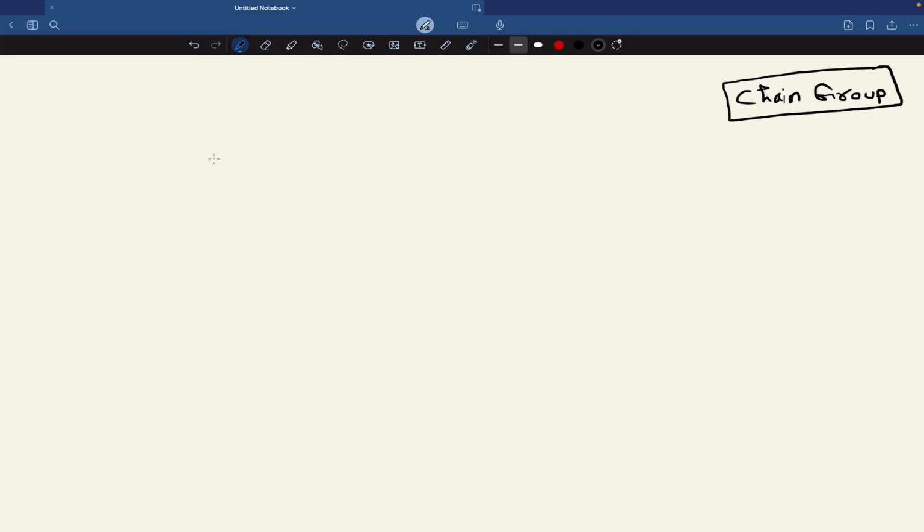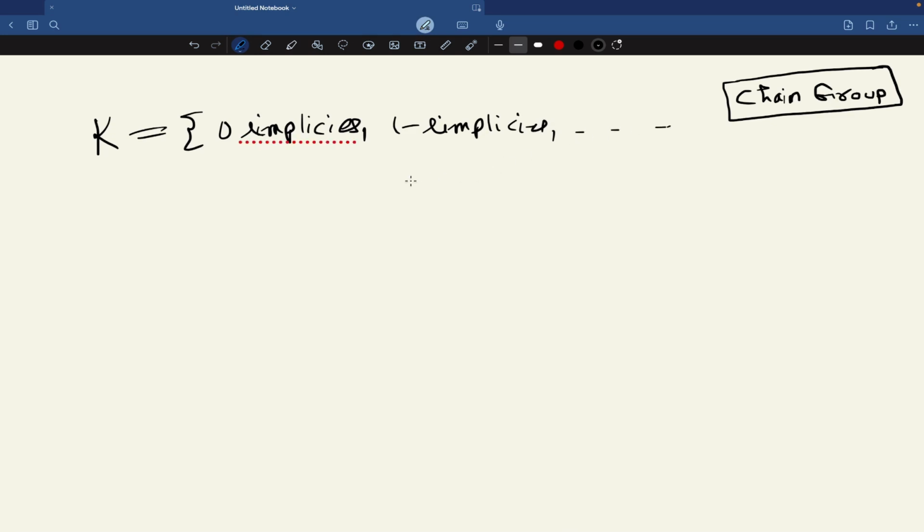So in any complex K, we have 0 simplices, 1 simplices, up to k simplices. Let's say this complex is K. In any complex we have 0 simplices, which are nothing but singleton sets. Then we have 1 simplices, and so on till k simplices, small k.